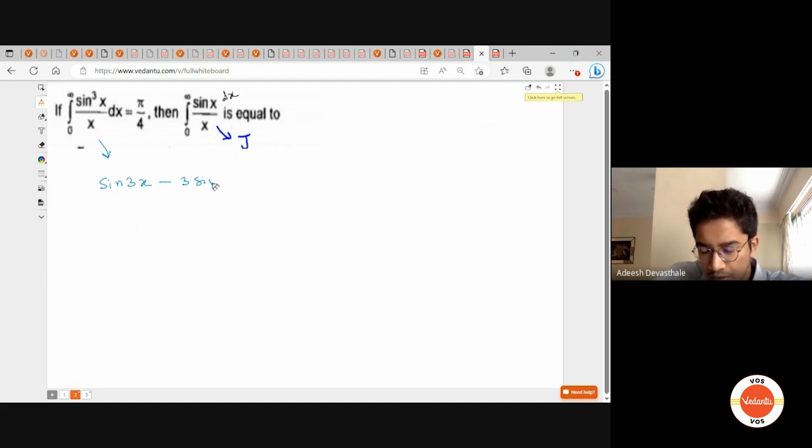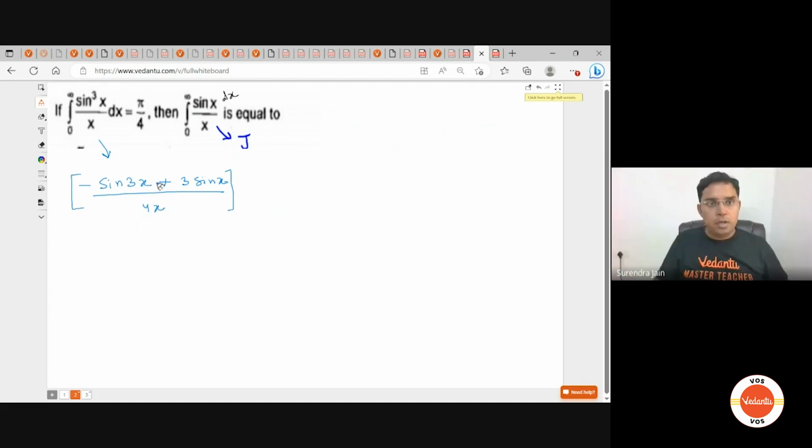So 4 sine theta minus sine 3 theta over 3 is sine cube theta. Yeah. Now you can take this as j or whatever, and you will be able to write this integration in terms of j at two places, one here and one here.